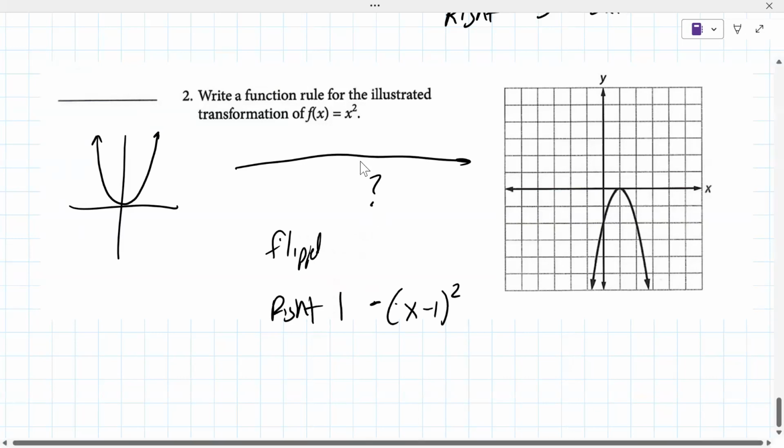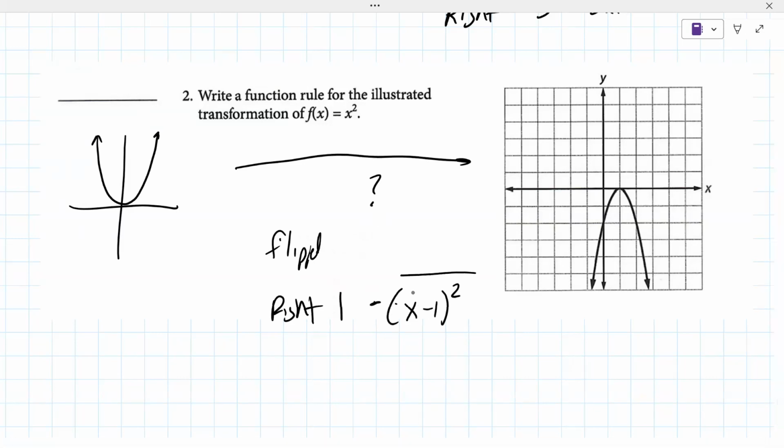So what I want you to do is graph this right here and make sure that it looks like this when you're done. All right.